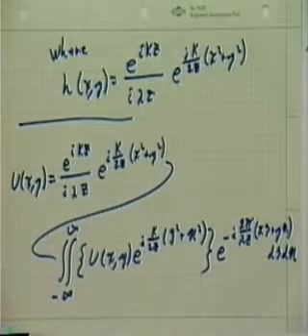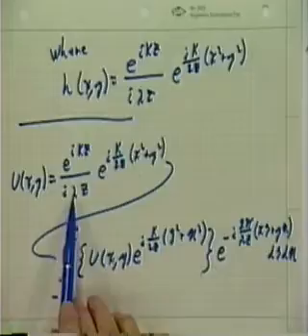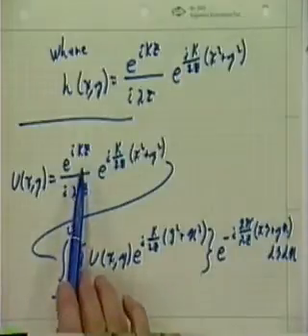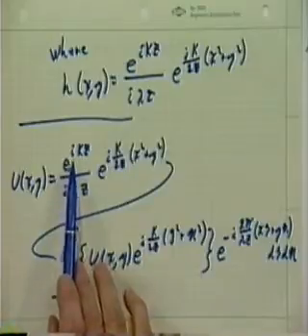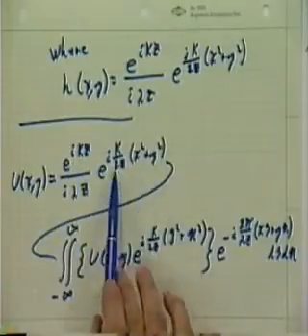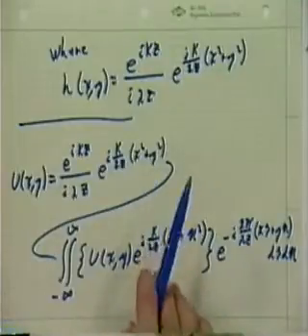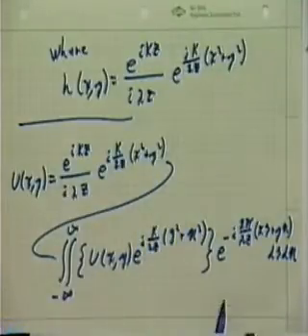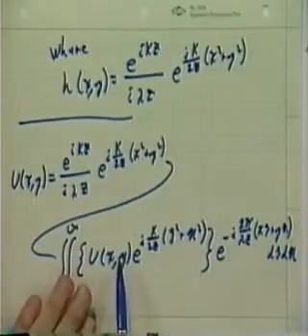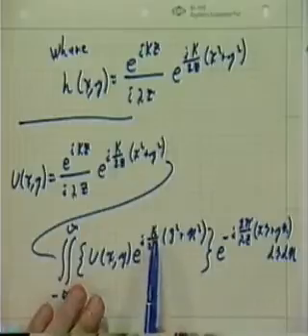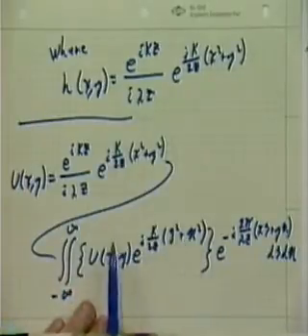And so what we have here, we have this thing out in front, which is 1 over i lambda z times e to the i k z, so that's just a phase term that comes from propagating along the z-axis. And then we have this quadratic phase factor here, depending on x squared and y squared. And then what we have in here is the Fourier transform of u e to the i k over 2z squiggle squared plus eta squared.